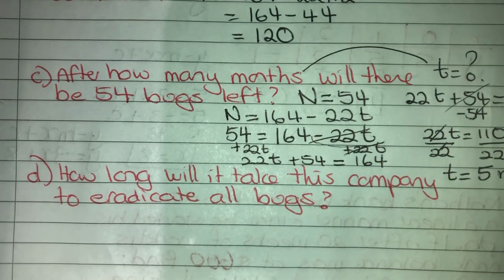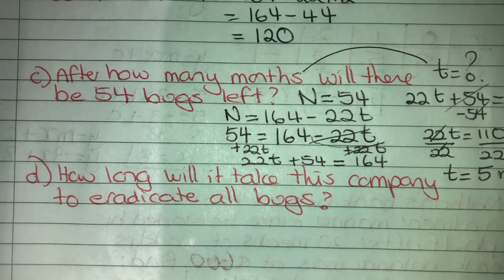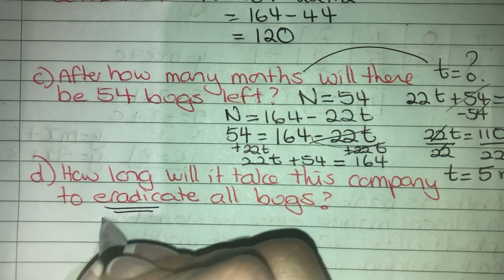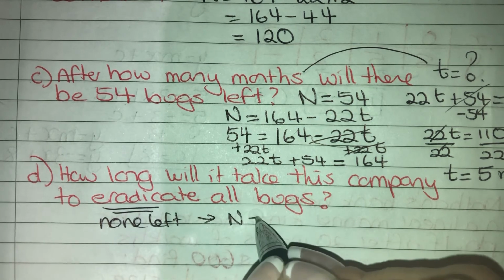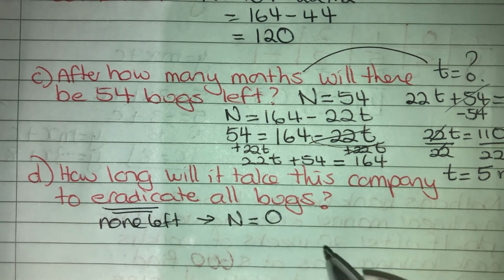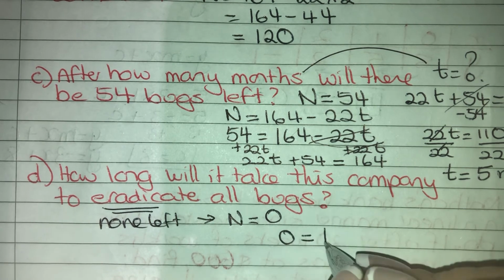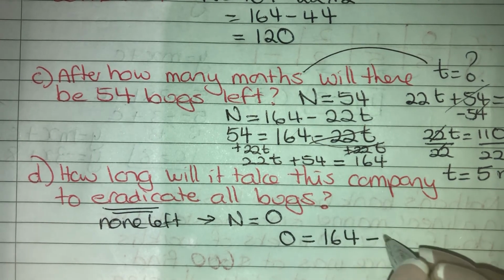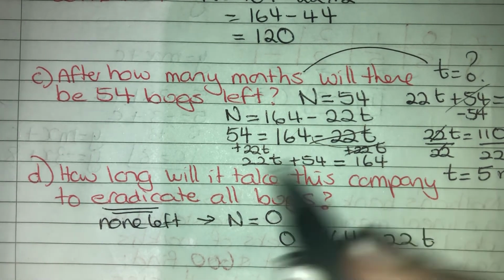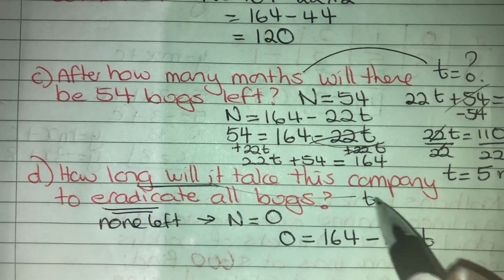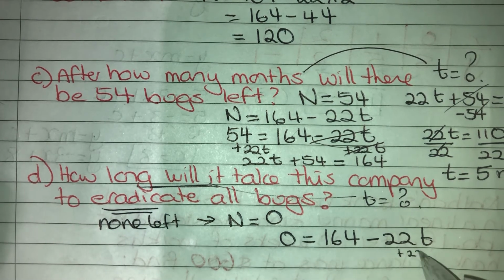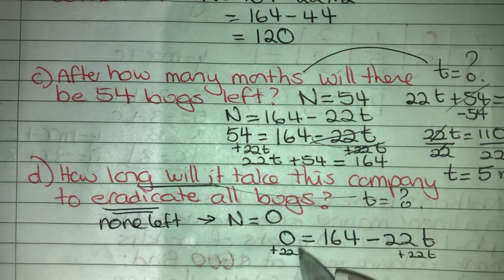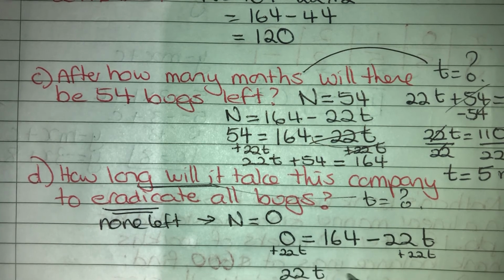Last question: how long will it take the company to eradicate all bugs? Eradicate means none left, no bugs. So what does that mean? It means N, the number of bugs, is 0. So 0 equals, what was our formula? 164 minus 22t. Again, we want to find t. I'm going to add 22t again, so we have 22t equals 164.